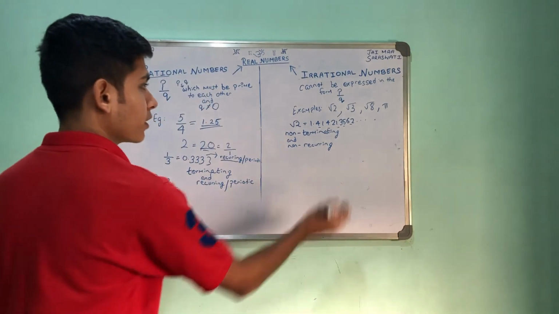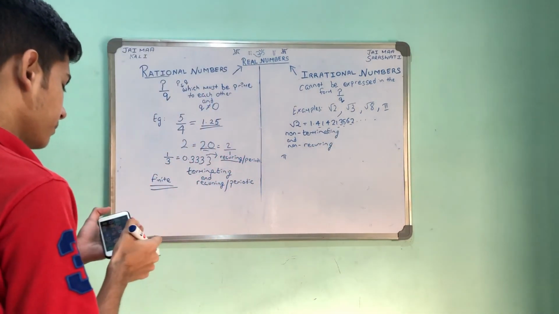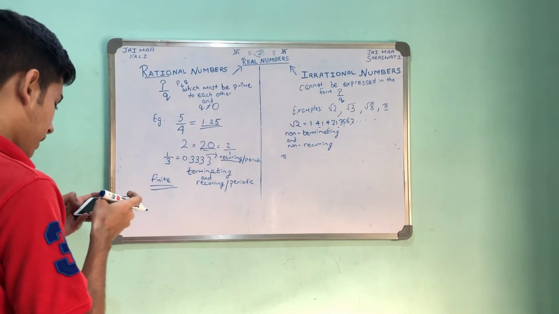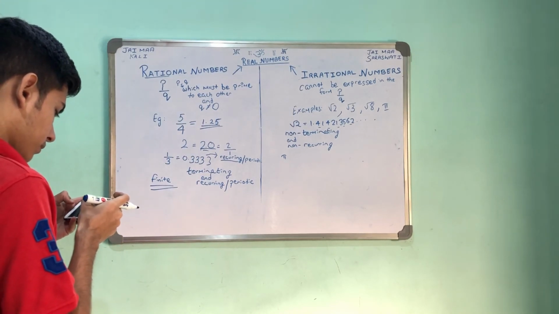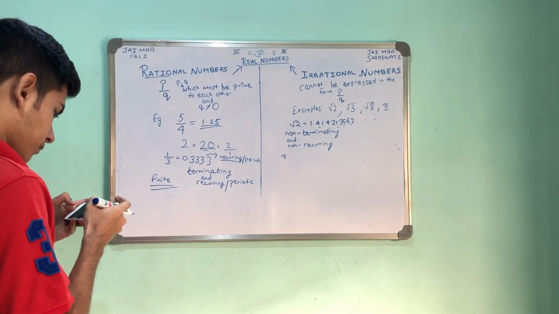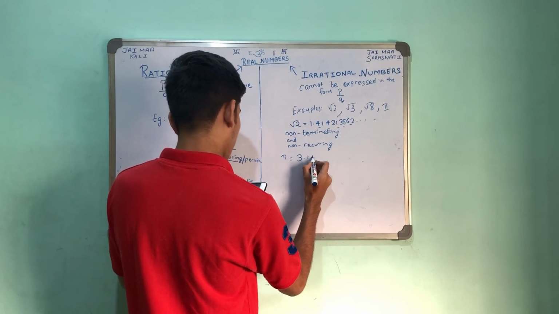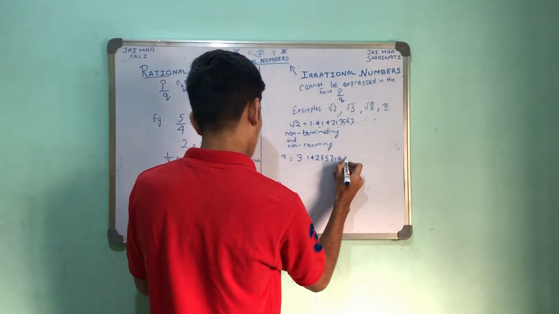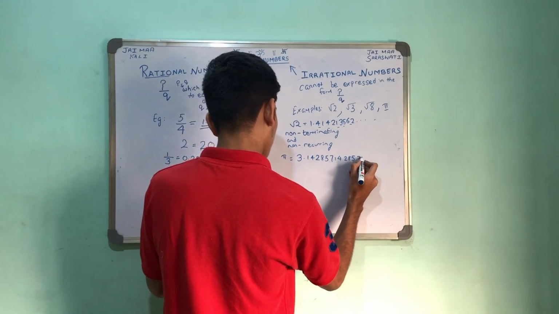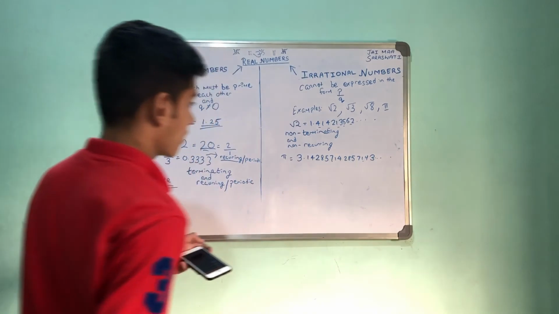Let's take another example, pi. What is the value of pi? The value of pi is 3.1428571428571443 and so on.